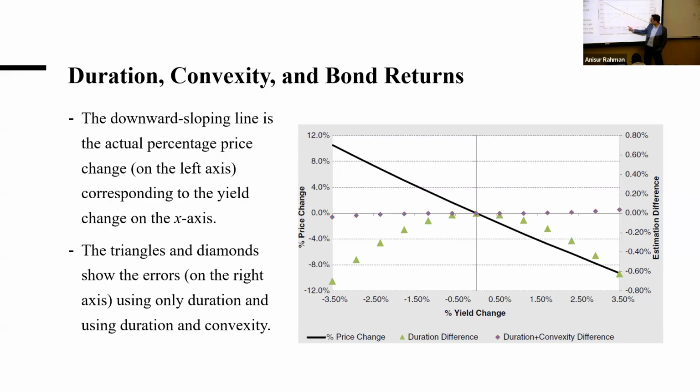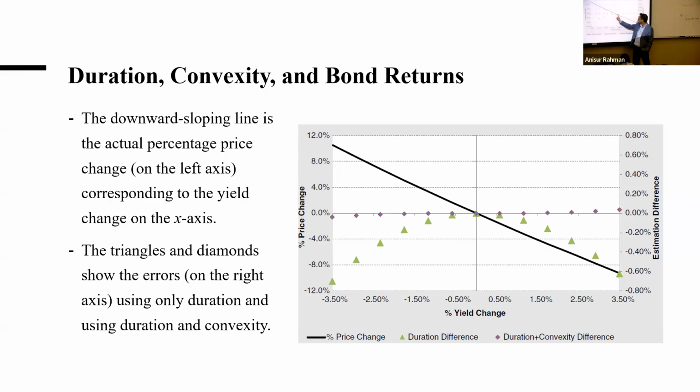But if yield decreases by 0.5%, there is not much of a difference, right? Because this is what? 0%, right? So remember again, this triangle is duration based, and diamond is both duration and convexity, right?